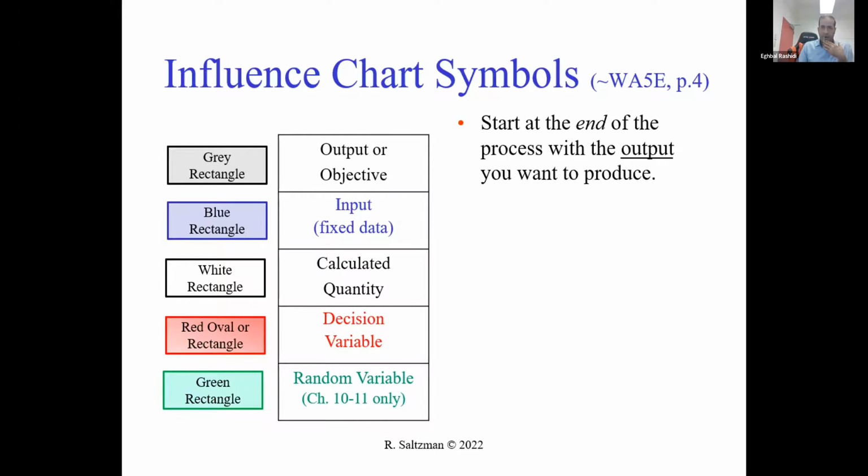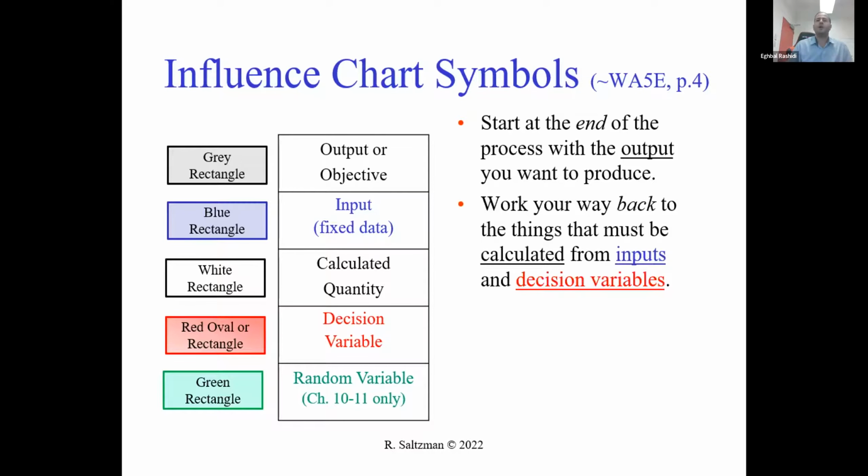So how does the influence chart work? You start with the end, or the goal, in mind. So you start with the output, what you want to find, for example the number of infected, or whatever other model or problem you work with. You start at the end and work backward to find all the inputs and all the dynamics, and try to understand them.